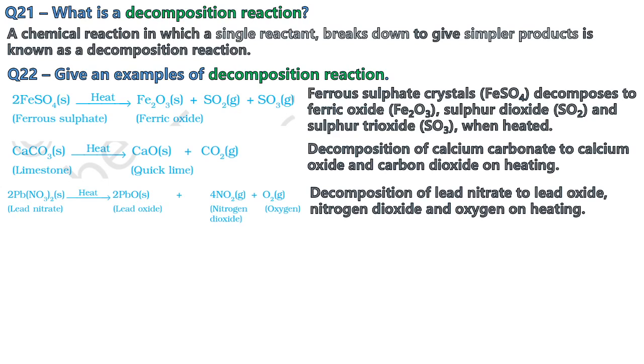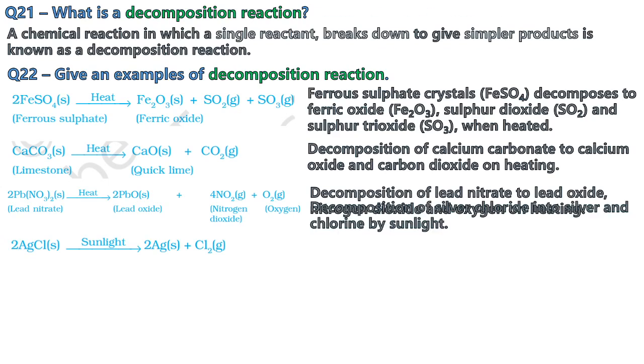Lead is a kind of element, and Pb is the notation for that. So when you take lead nitrate and heat it, it breaks into lead oxide and nitrogen dioxide. N is nitrogen, O2 is two oxygen atoms. So NO2 is nitrogen dioxide. Just like CO2 is carbon dioxide, NO2 is nitrogen dioxide.